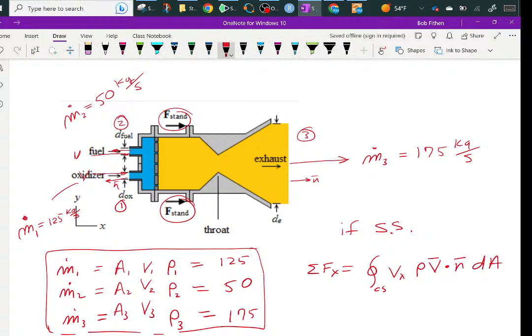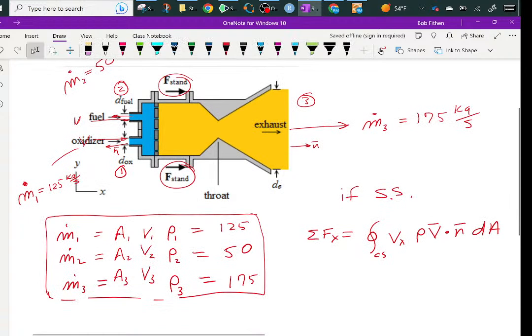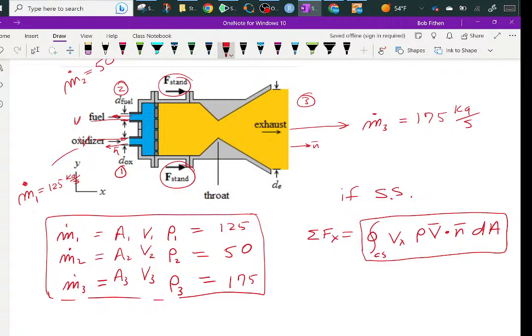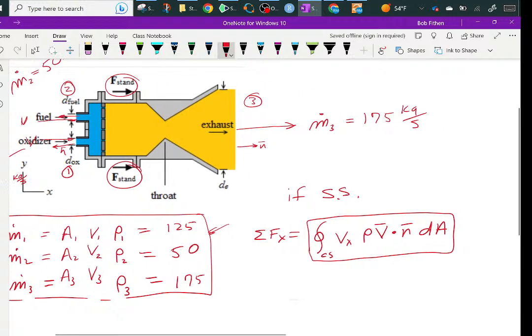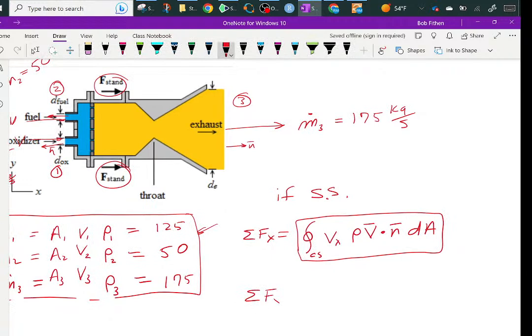I'm used to seeing it this way, where the n is pointing in the direction of the area. That's what's generally written more so. If you consider these to be the bulk values, the sum of the forces in the x is equal to the sum over the control surface of Vx rho v dot n A, which in fact means m dot.